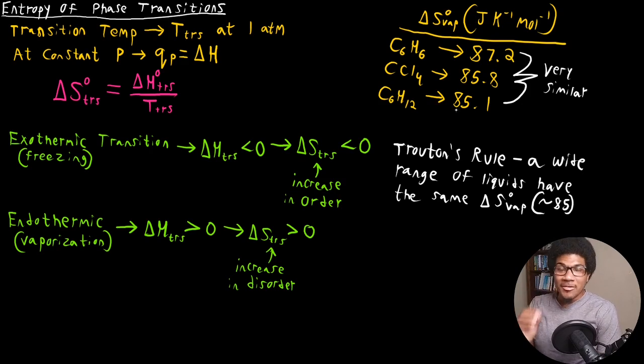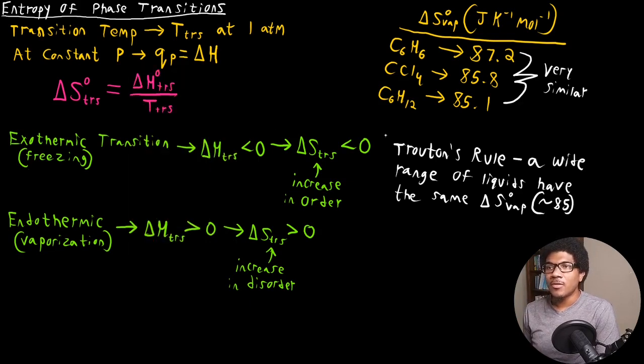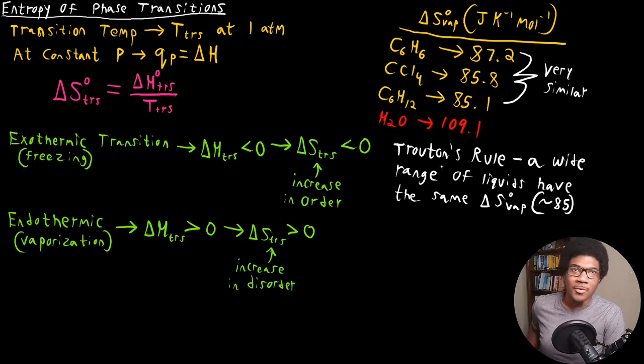What's interesting, though, are the few liquids that deviate heavily from Trouton's rule. I'll give you one example here. One example of a stark deviation from Trouton's rule is water, H2O, which actually has an entropy of vaporization of about 109.1 joules per Kelvin per mole.